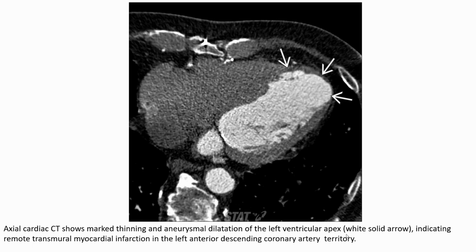This is axial cardiac imaging showing thinning and aneurysmal dilatation of the left ventricular apex. The white solid arrow indicates remote transmural myocardial infarcts in the left anterior descending coronary artery territory.